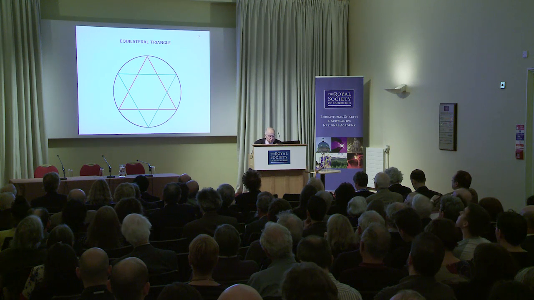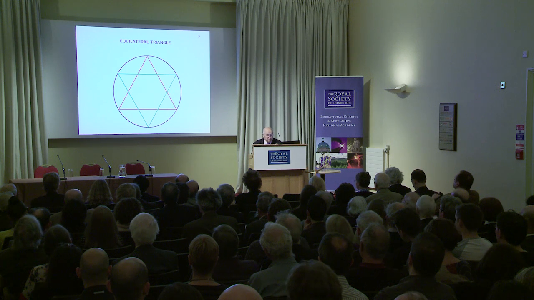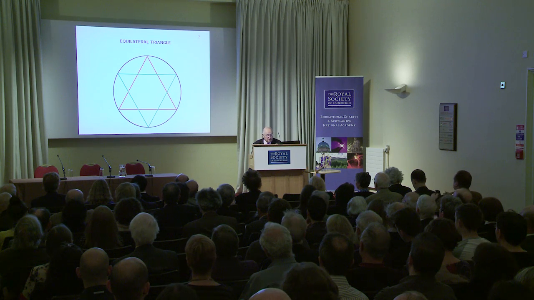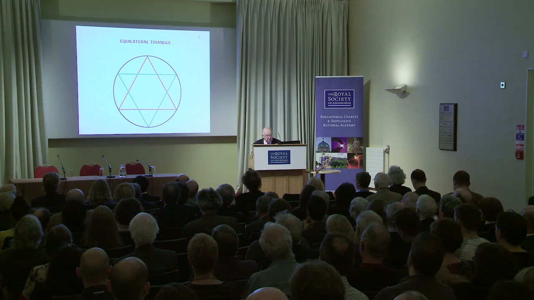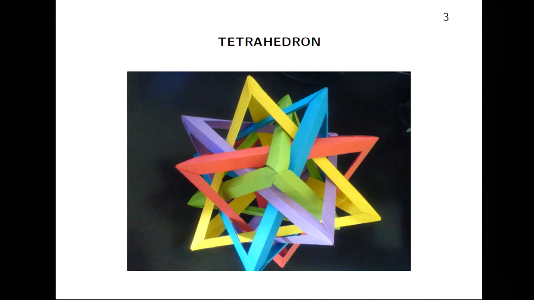So now let us move on to something a little bit more interesting. You all know what the equilateral triangle is. Well, I hope you all know what the next one is. If I press the right button, let's try this one. Now you may not recognize this one immediately, but a little reflection will tell you it comes from the tetrahedron. You start with the tetrahedron, which is the simplest thing after a triangle in 3 dimensions.